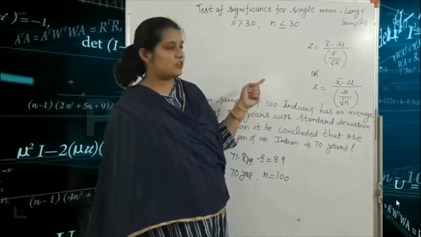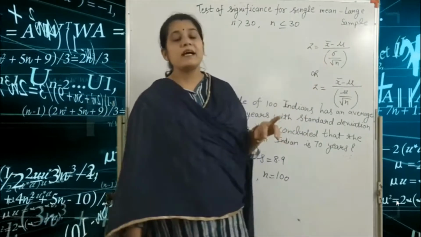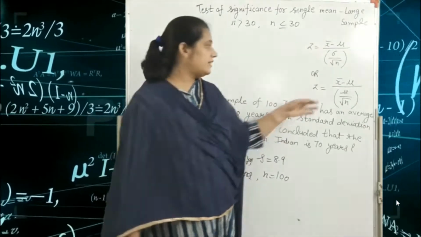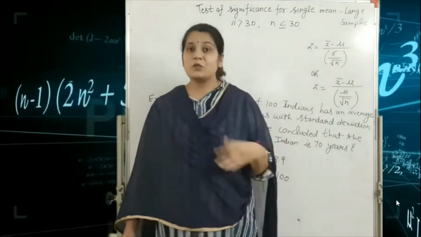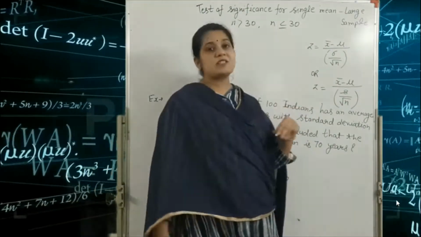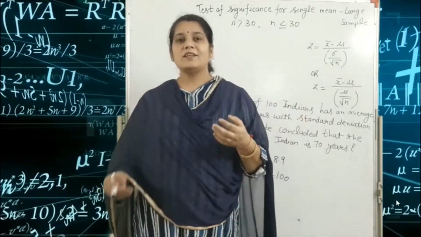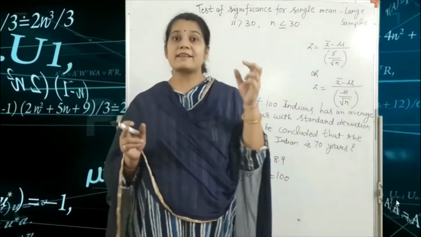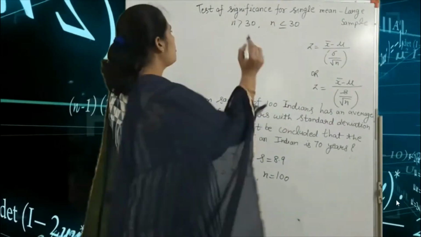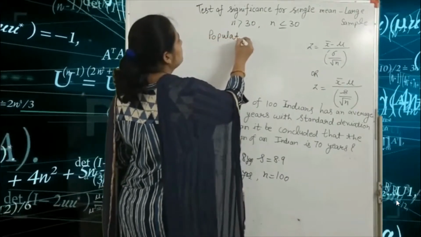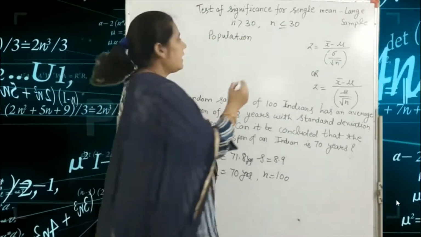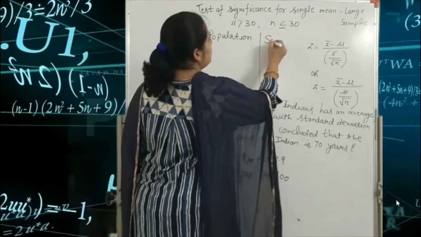In these formulas, sigma is the standard deviation and s is also the standard deviation. X bar is the mean and mu is also mean. So how do we define x bar and mu? We have two points: number one is the population, and second one is the sample.